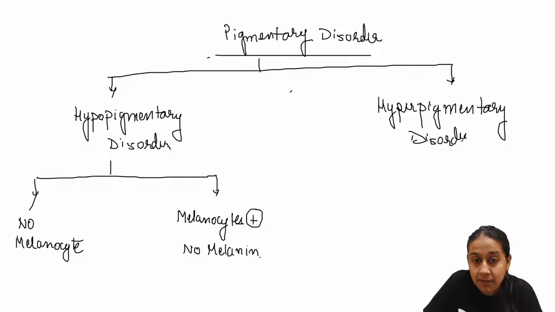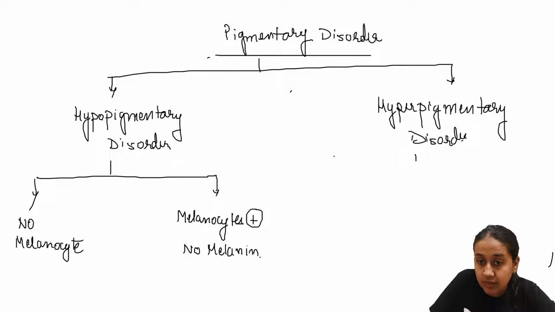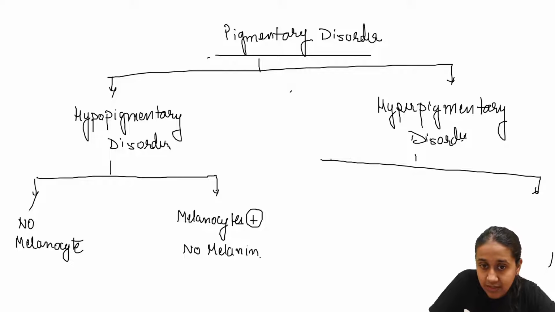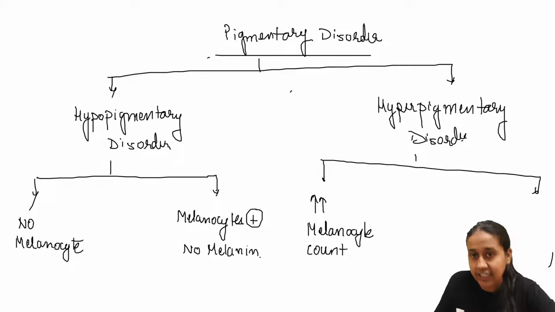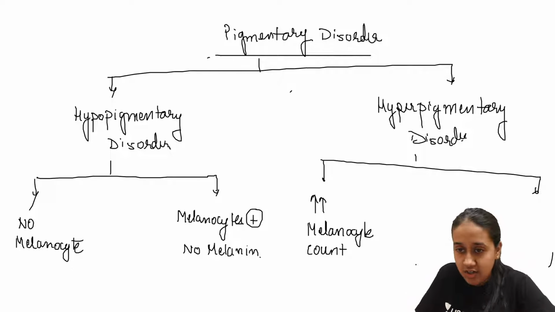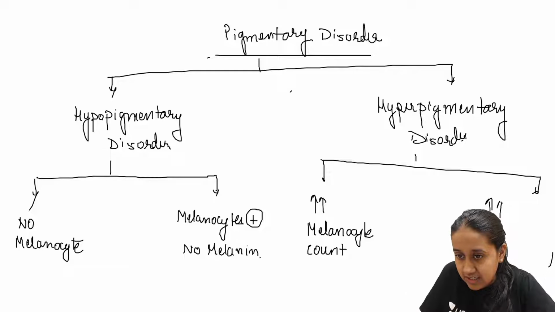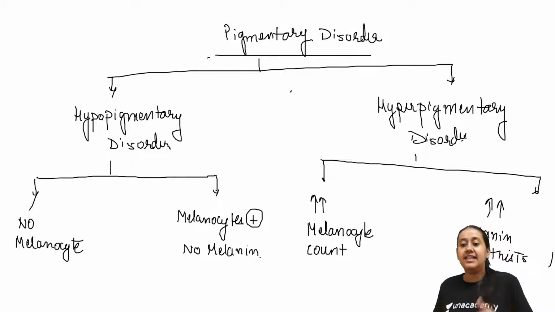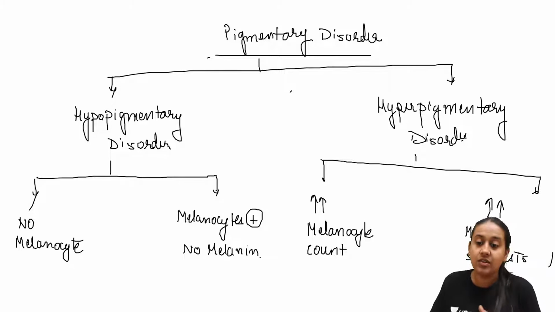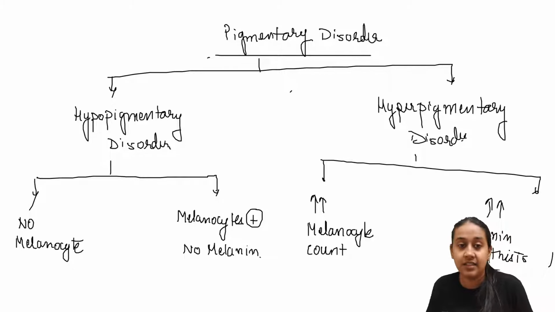Similarly, hyperpigmentary disorder can be because of two things. Either there is an increase in the melanocyte count, or there can be an increase in melanin synthesis.